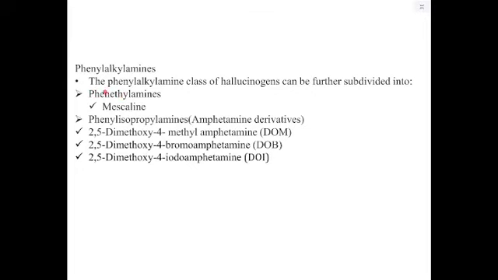The benzene ring is separated from the amino group by an ethyl chain, and for that we have an example of mescaline. Then you can have the phenylisopropylamines, whereby there is branching at the alpha carbon. Remember the branching at the alpha carbon, which will give you amphetamine and so on. So the phenylisopropylamines will be the amphetamine derivatives.